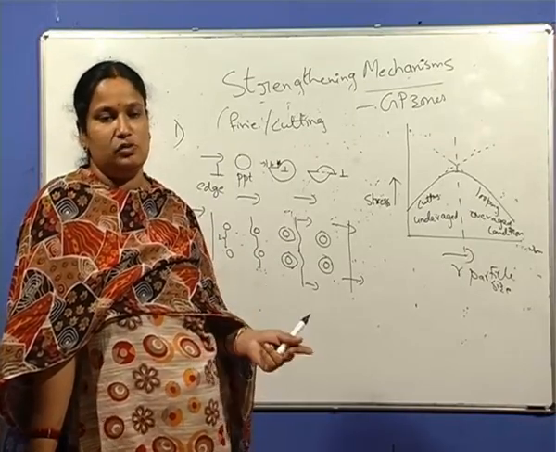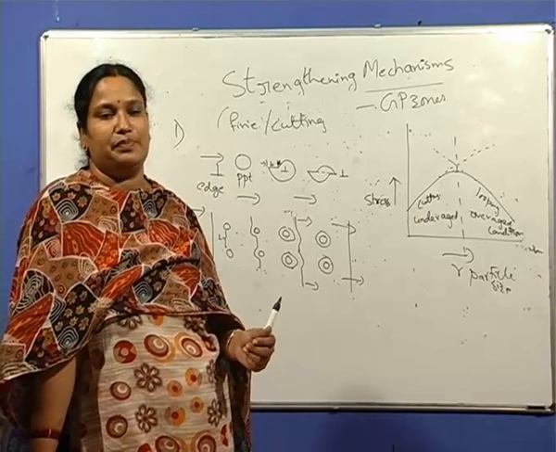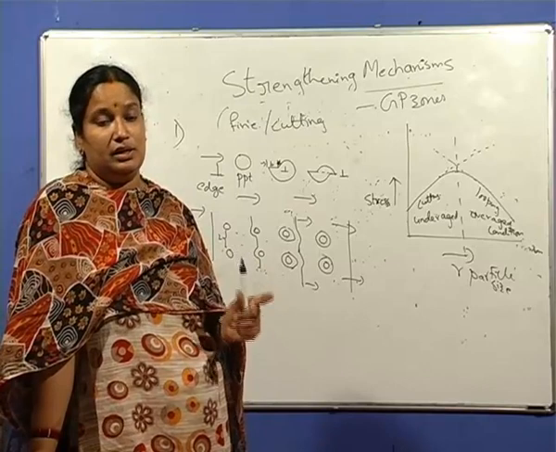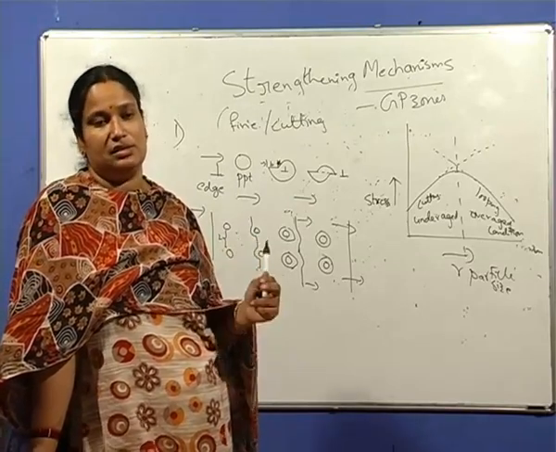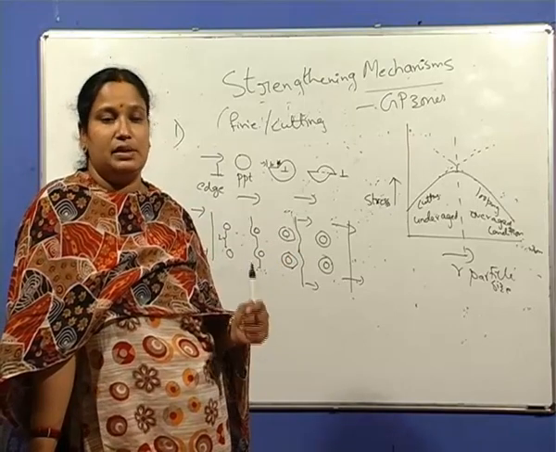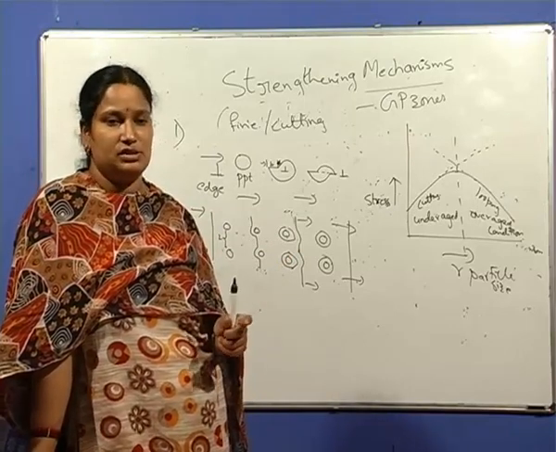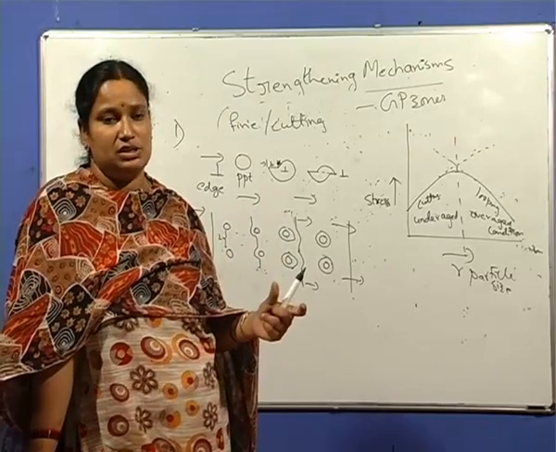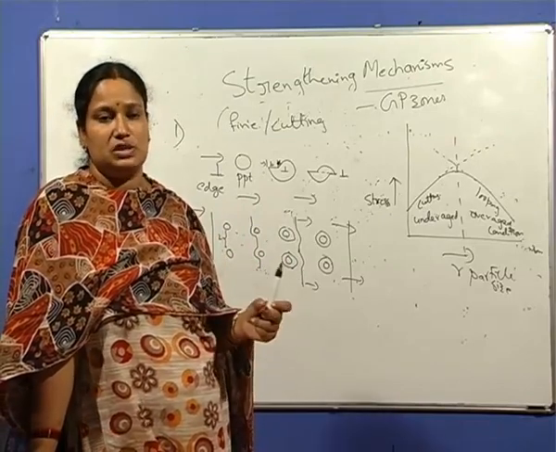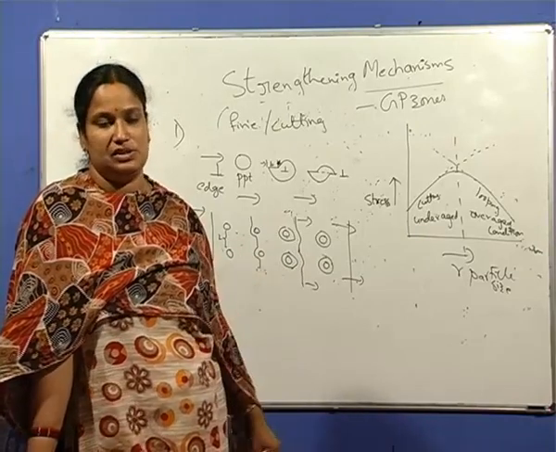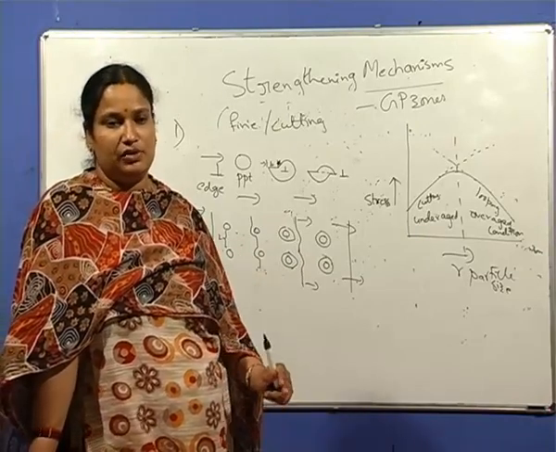Among these two strengthening mechanisms, precipitation strengthening has the highest strength compared to all the strengthening mechanisms. But dispersion strengthening can retain its strength to even higher temperatures, where precipitation strengthening comes down because the precipitates undergo coarsening at higher temperatures. So these are some of the differences.